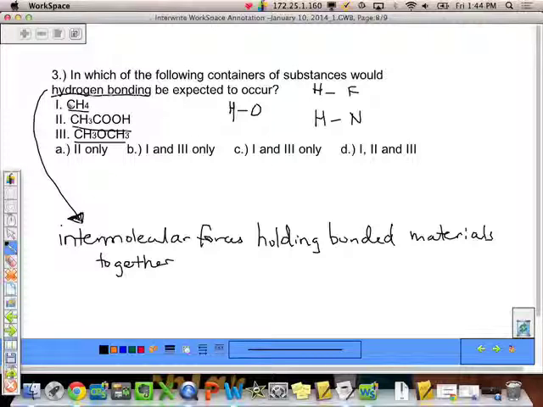Now none of these have fluorine or nitrogen in them, so I'm going to ignore those for now. I'm going to think about this hydrogen bonded to oxygen. Well, in my first Roman numeral, CH4, the hydrogens are all bonded to carbon, so I can cross that off. So any one that has 1 in it, I can cross off. So theoretically, it should be A right off the bat. But let's double check, make sure that it was written correctly.